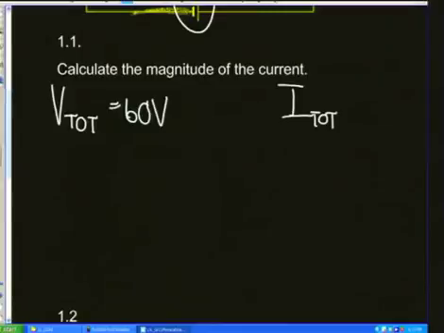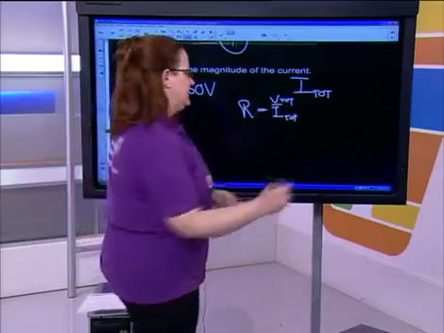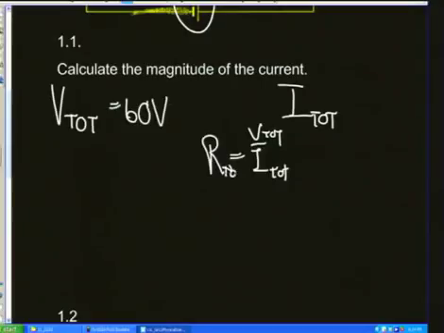Okay, so now we say to ourselves, well, to get I total, if this is the easiest equation, that's the most basic. So we go, okay, R equals V over I. I know I'm going to probably have to use V total because I've got it. I want I total, which means I'm probably going to need R total.